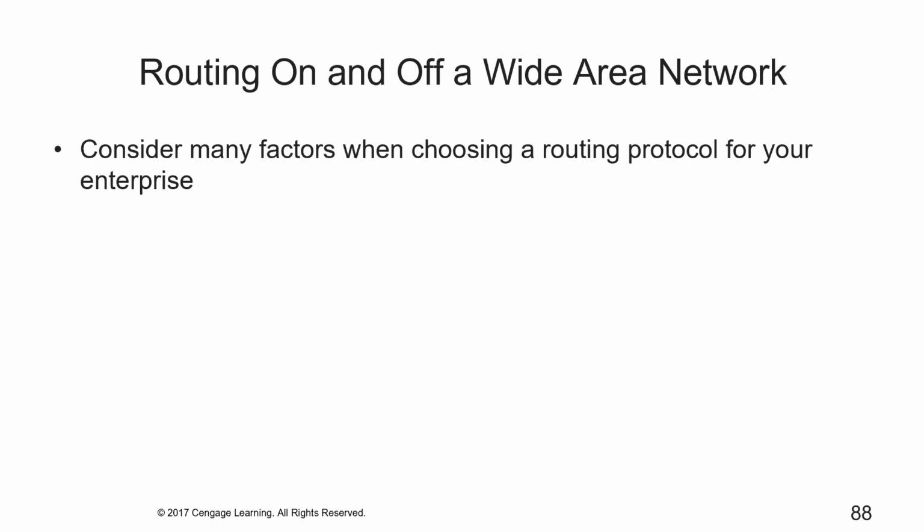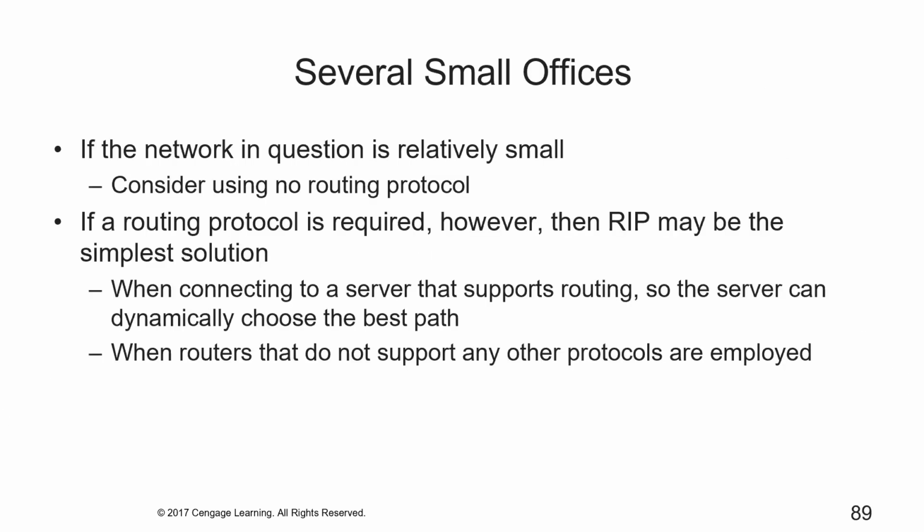So routing on and off a wide area network, you need to consider many factors when you choose a routing protocol for your enterprise. So we're going to talk about some of the various network models and appropriate routing protocols. If you have several small offices, if the network in question is relatively small, perhaps a dozen locations or less, where each has its own subnet and an internet connection, consider using no routing protocol.